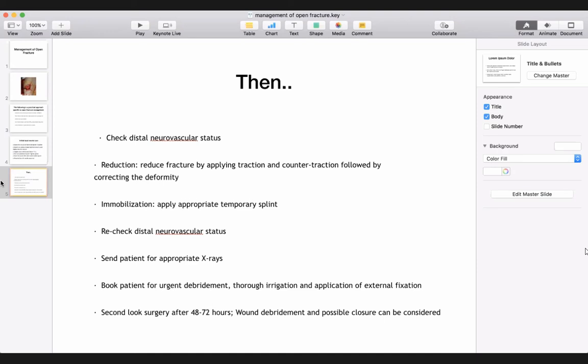Transient synovitis. Have you heard of transient synovitis? Yes, inflammation of the synovial fluid. It can present just like septic arthritis. So how do you differentiate between transient synovitis and septic arthritis? Aspiration. Infection.